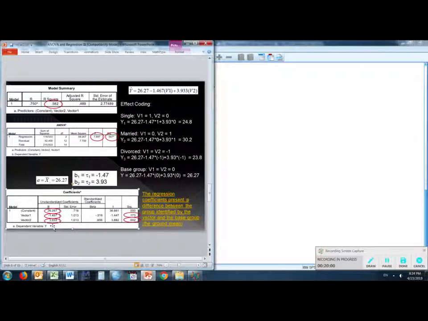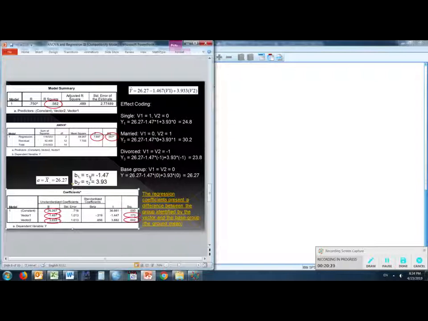Then the B weight for vector 2, which is 3.933, tells us if the married group is significantly happier than the whole population. Therefore, B1 equals the effect size for the single group.